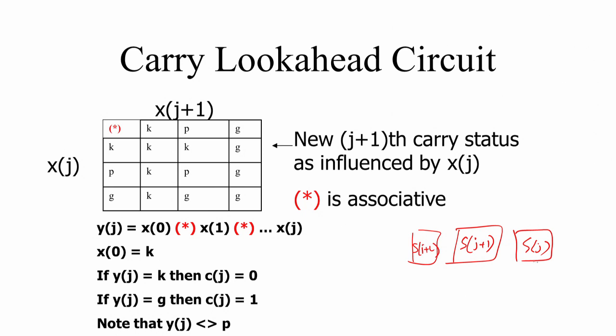Let us say if stage J plus 1 is kill, what will be the carry? So let us see this, what will be the carry of, so let us draw this entire thing.